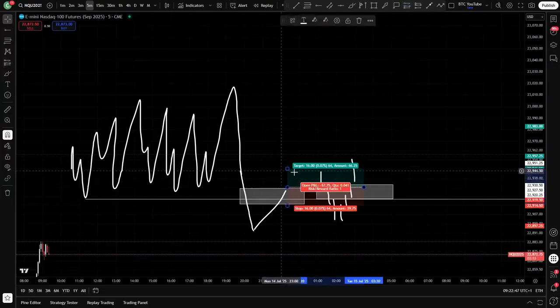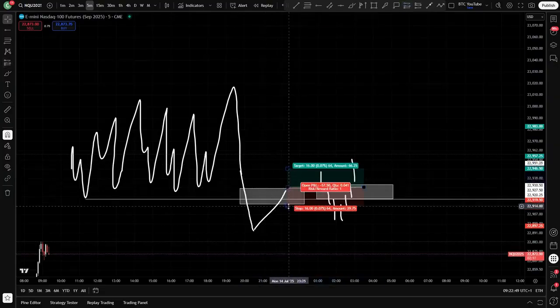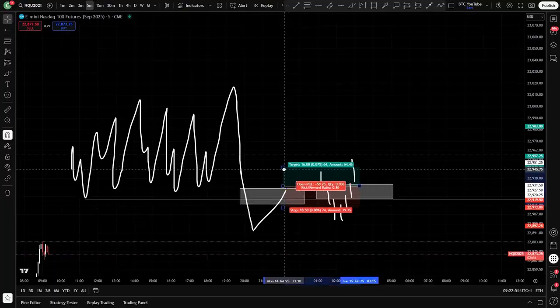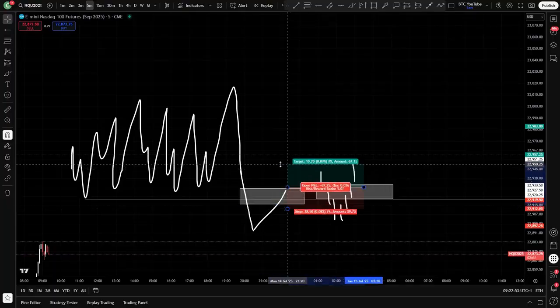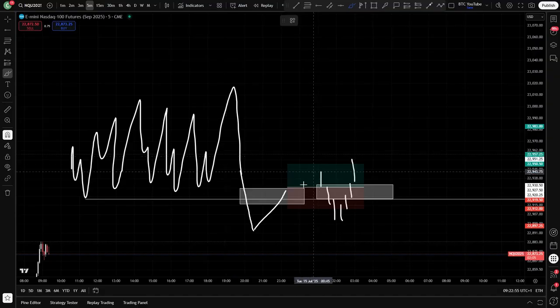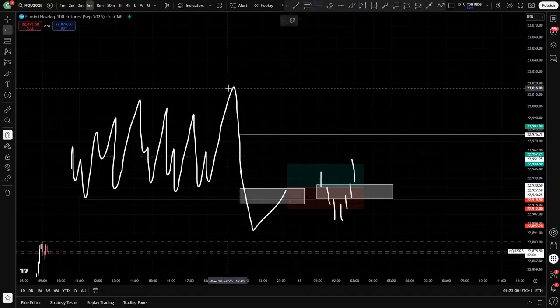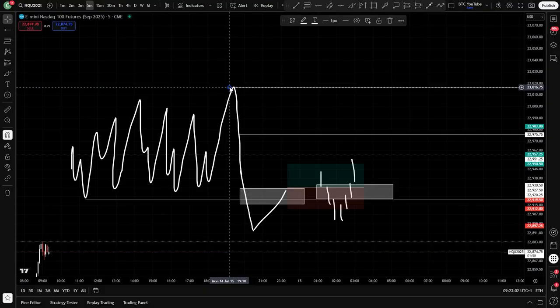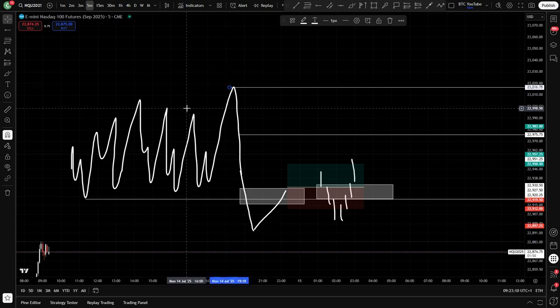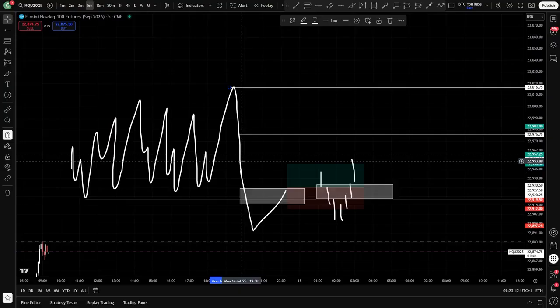Once you close back above this level here, I'd be looking for a stop loss below, targeting a 1-for-1 for the first take profit. Once that gets hit, I'll have 2 more runners, one usually about halfway up the move, and then one at the high of day, or as we are at the minute, at all-time highs. Right now, all-time highs are very easy to go and get hit again and again. And this is basically the entry model strategy.